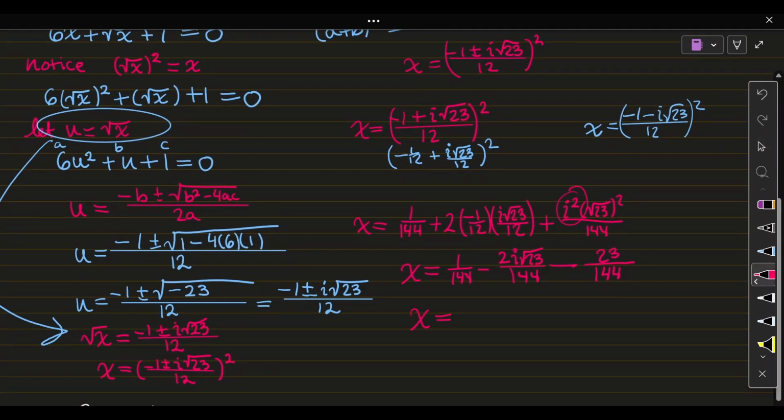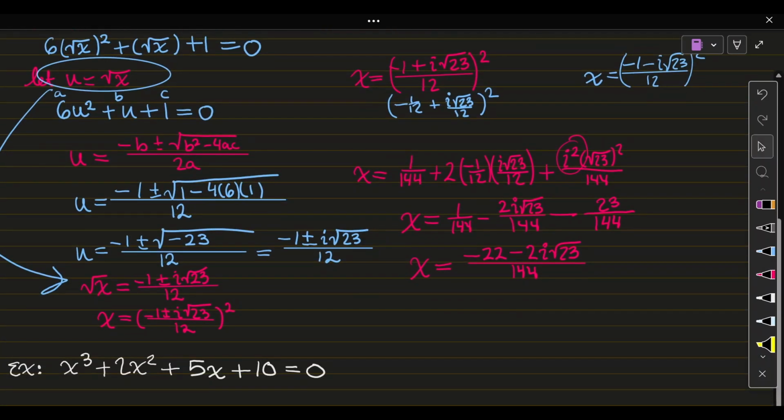So because all of these have a common denominator, I can just go ahead and add up all these fractions, and I get that this is going to be minus 22 minus 2i, the square root of 23 over 144. And if you want to make things pretty, I can take a 2 out and get that x is equal to negative 11 minus i square root of 23 over 144 divided by 2, which is going to be 72.